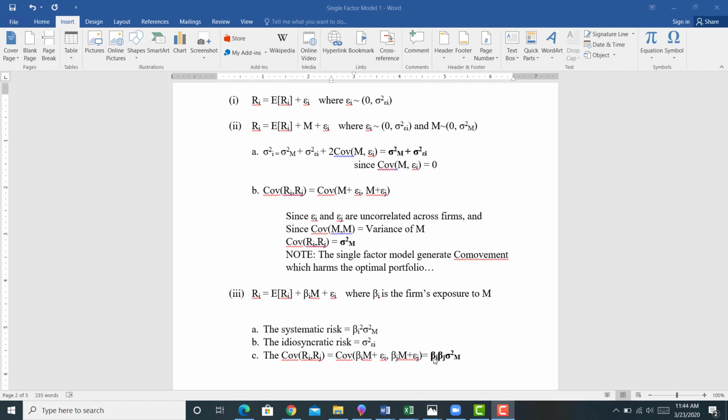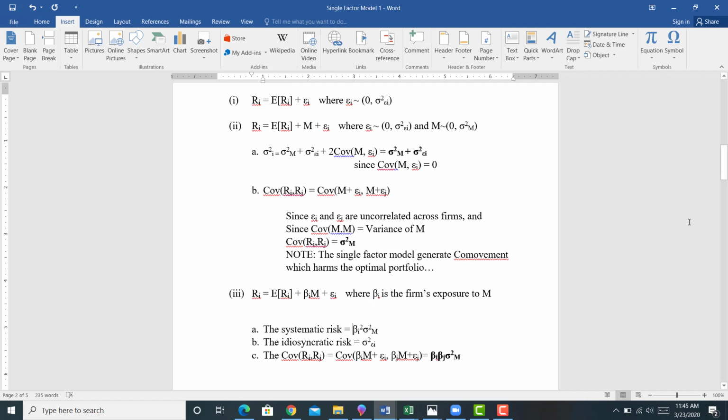Okay. If the exposure beta to the risk event is positive, then this covariance is positive, and we come up with the same issue that we had before, that the single factor model is going to generate positive co-movement or positive covariance, which is ultimately going to harm our optimal portfolio.